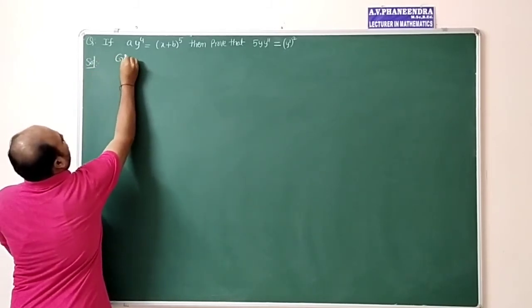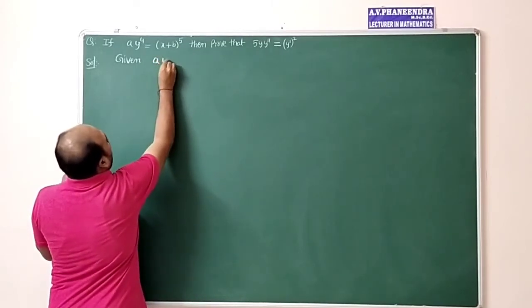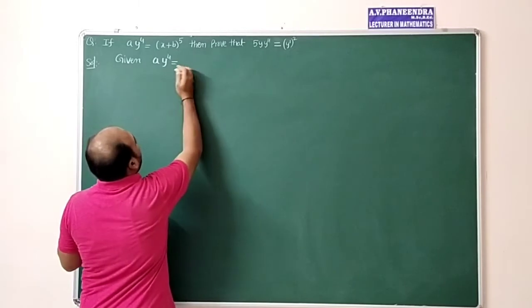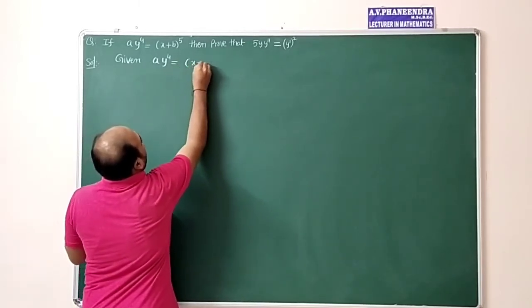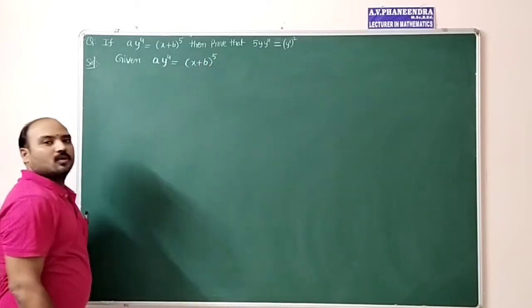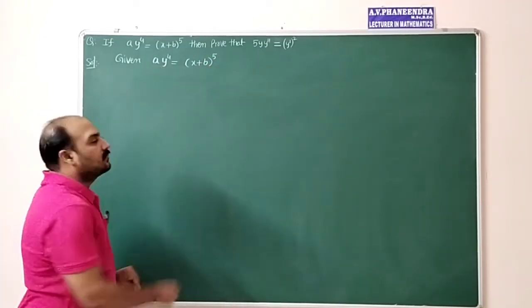Given a y power 4 equals (x plus b) whole power 5. First, here a is a constant, we can take it to this side.